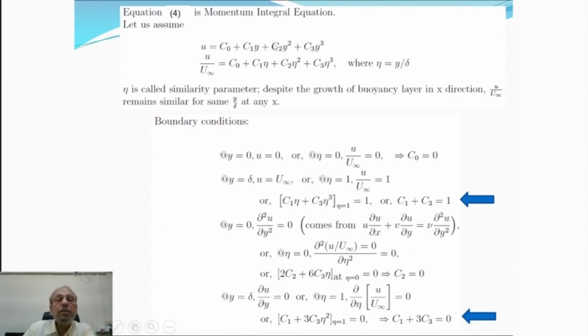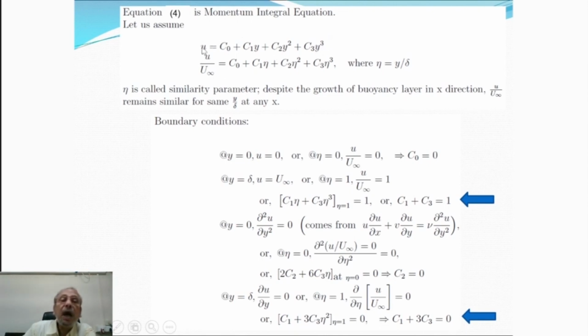Now, in order to solve the momentum integral equation, we take a velocity profile which is given by c0 plus c1 y plus c2 y square plus c3 y cube, a third order polynomial.